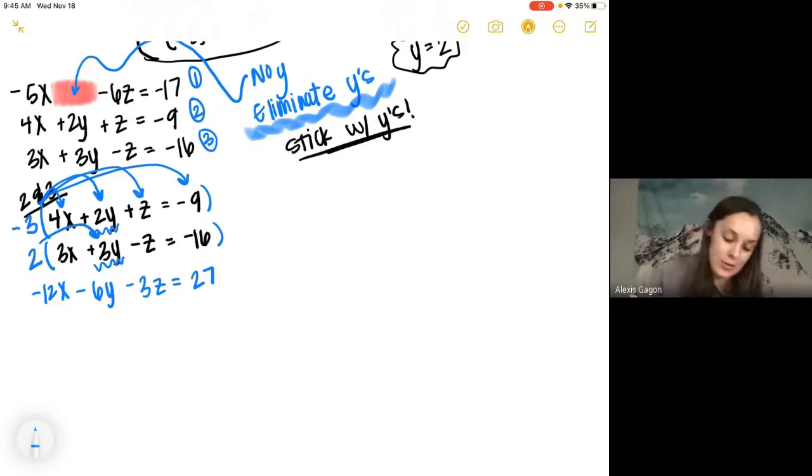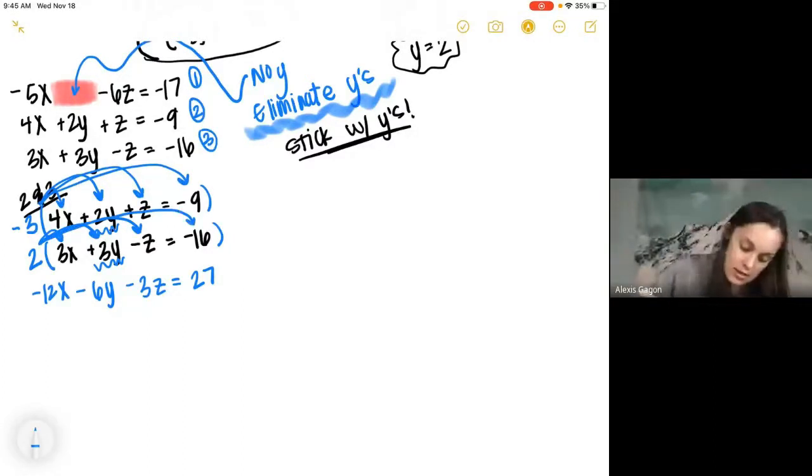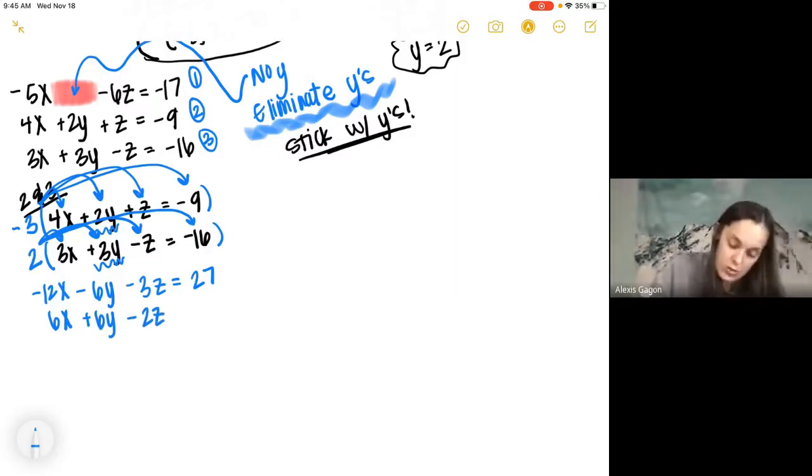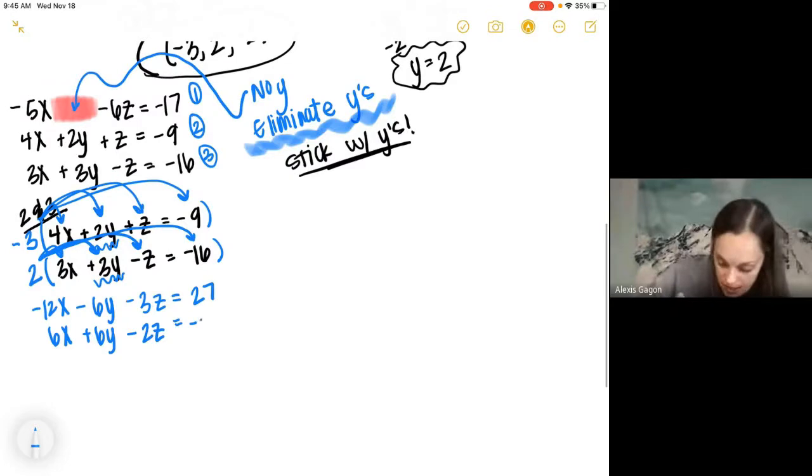Now we multiply by 2. So the 2 goes into all of these. So 2 times 3x is 6x. 2 times 3y is positive 6y. 2 times negative z is negative 2z. And 2 times negative 16 is negative 32.